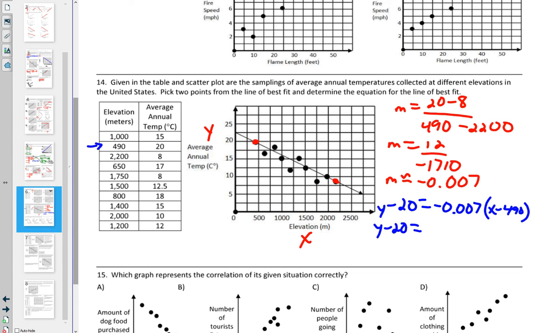Y minus 20 is equal to negative 0.007x. And then 0.007 times 490 is plus 3.43. If I add 20, I'm getting y equals negative 0.007x plus 23.43, which makes sense because my line looked like it was crossing around 22 and a half, somewhere in there, pretty close.